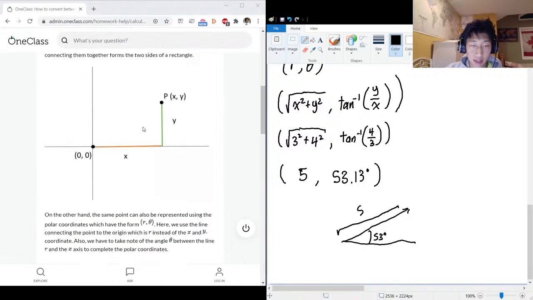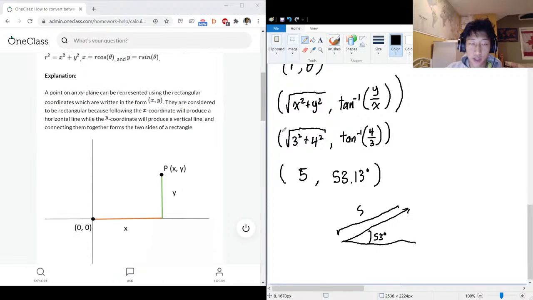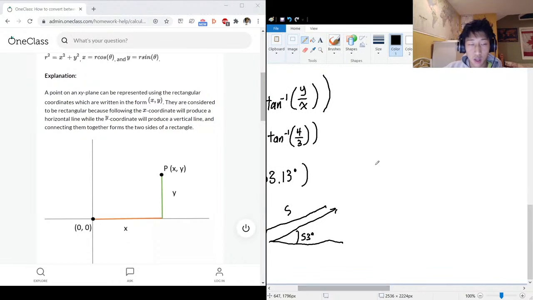I guess another thing to add that we see here is to go the other direction. Let's say you're given the polars and you want to go to the rectangular.